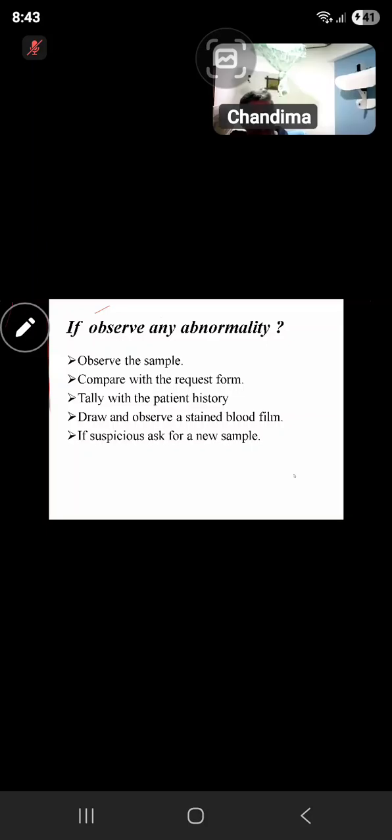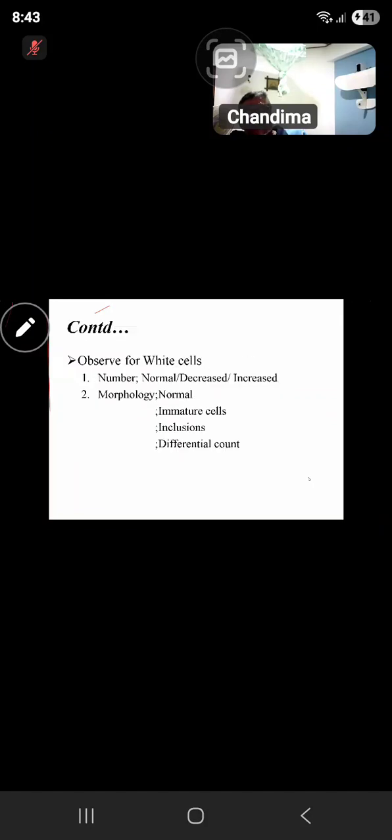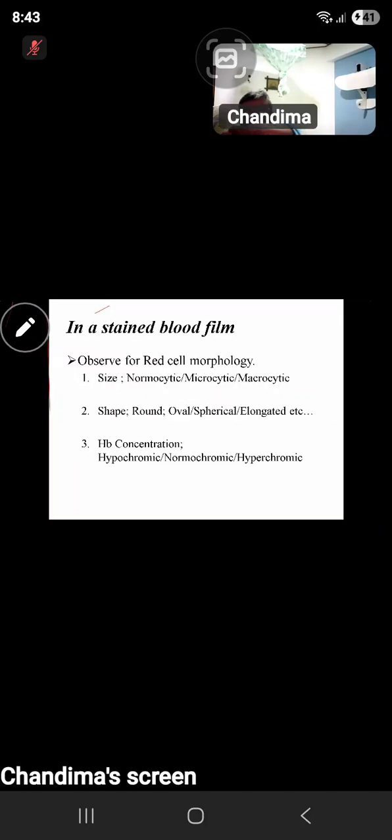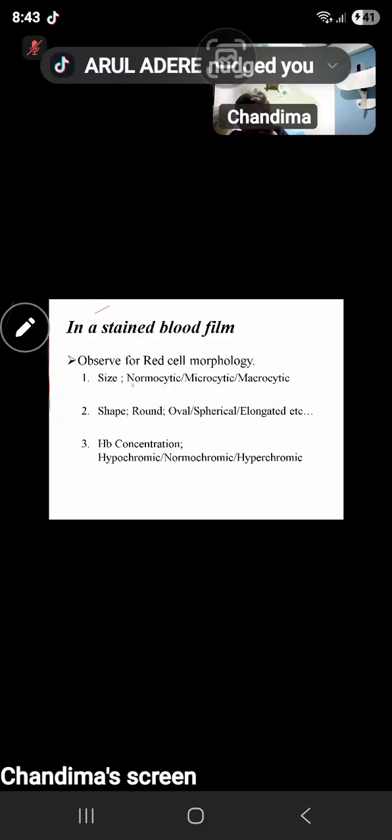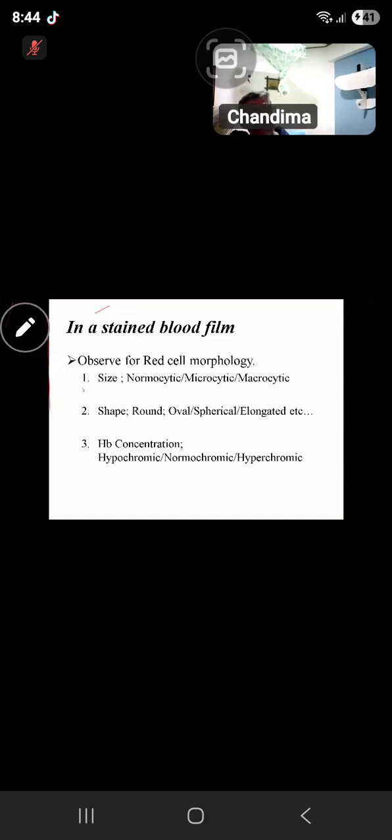What else? Right. So in our stained blood film, you have to observe the red cell morphology and see whether the cells are normocytic, microcytic, or macrocytic.